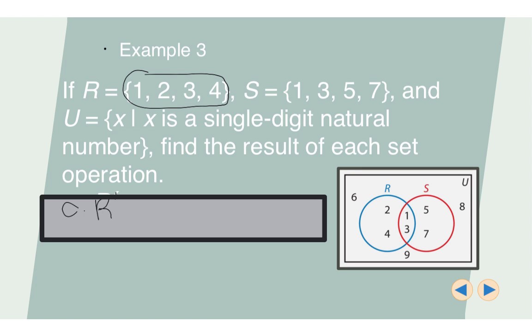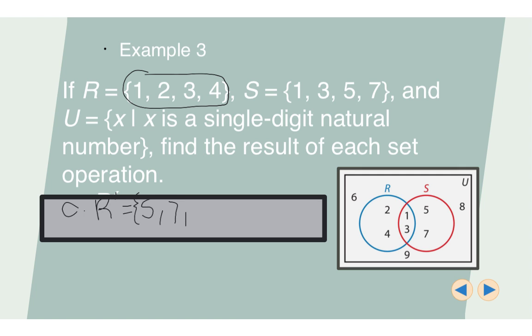So any numbers that don't include 1, 2, 3, and 4, which numbers in S will work? 5 and 7. What about the numbers in U, where x is a single-digit natural number?